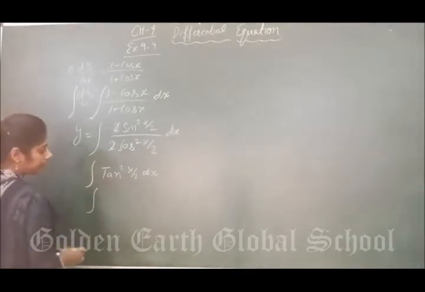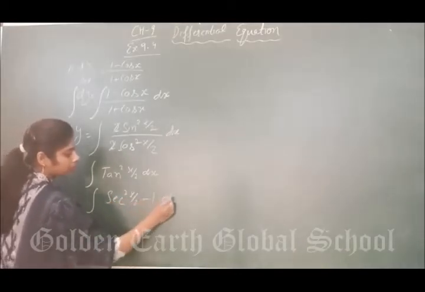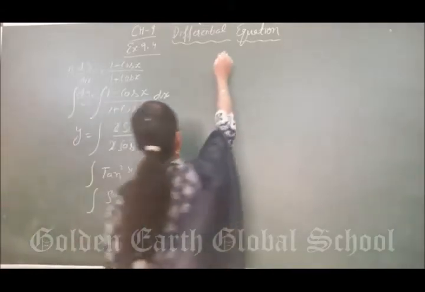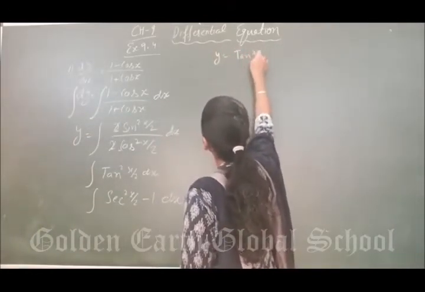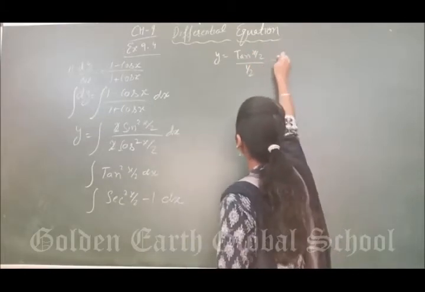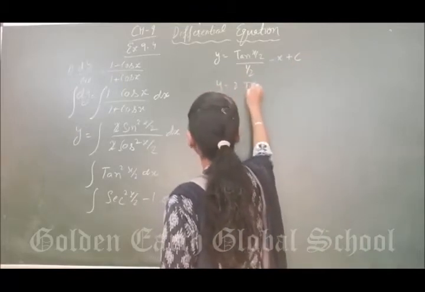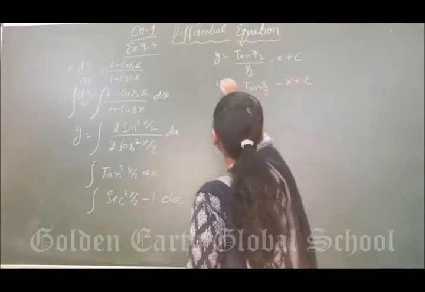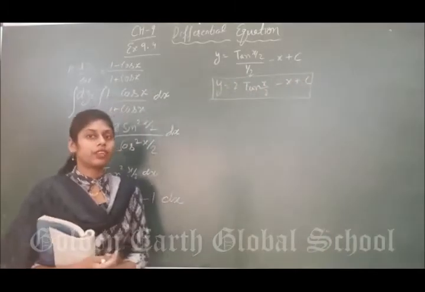Its identity is secant square x by 2 minus 1. Now we know integration of secant square is tan. So tan x by 2 upon 1 by 2, minus x plus c. So y equals 2 tan x by 2 minus x plus c. So this is your general solution of this differential equation.